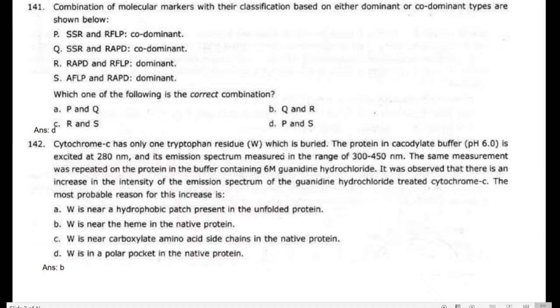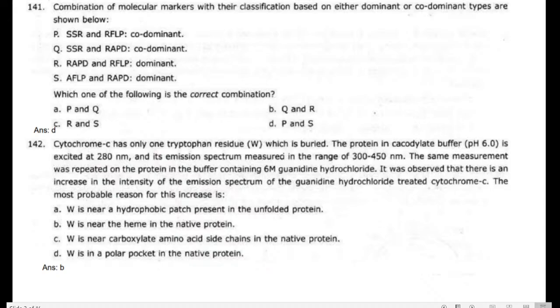Next is RAPD. This RAPD is a well-known concept, the random amplified polymorphic DNA. First one is restriction fragment length polymorphism, RFLP. Another concept is random amplified polymorphic DNA. Likewise, another term is AFLP, amplified fragment length polymorphism.